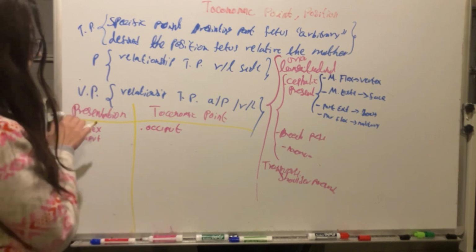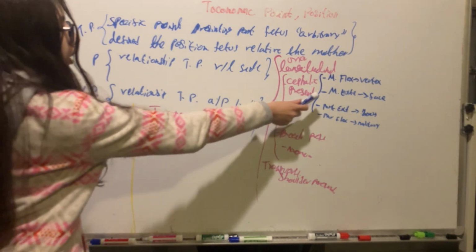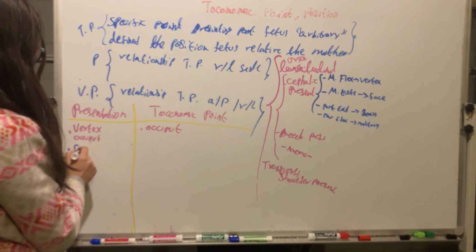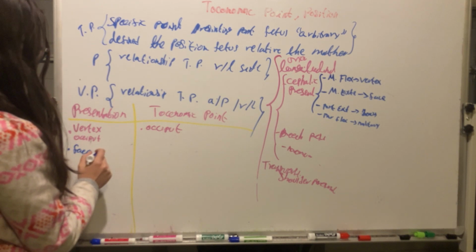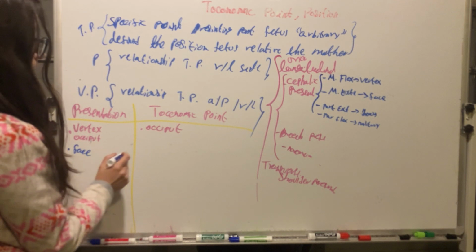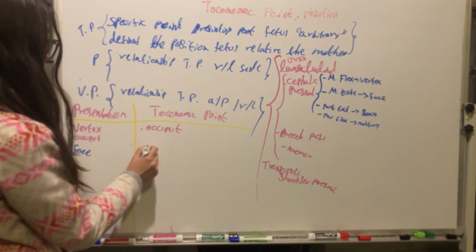If we have maximal extension, that is called a face presentation, and here the tocogonic point is the mentum.